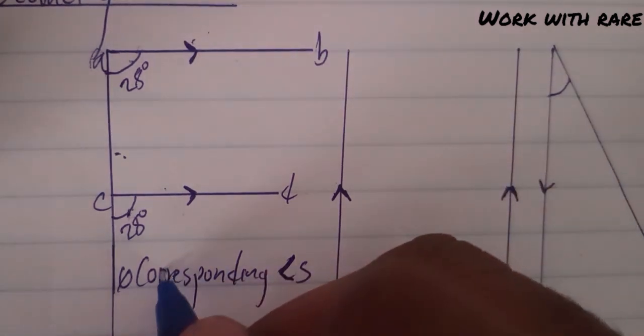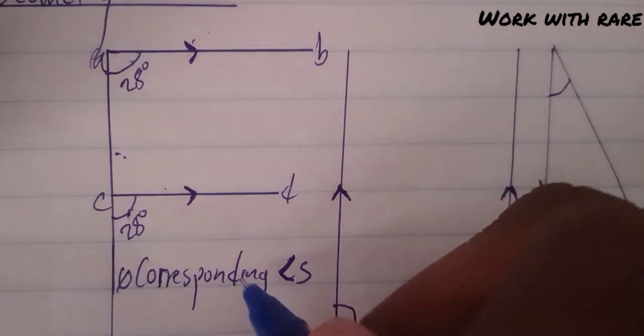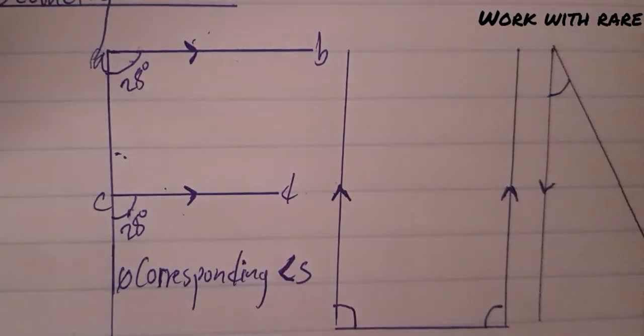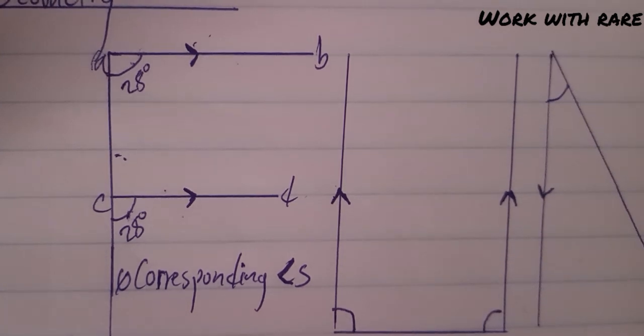This is a double R, remember. This is the spelling for corresponding, and this one means angles. But remember, when you do geometry, they will give you a complicated shape, so it is very good to use highlighters so that we can be sure it really forms an F shape.